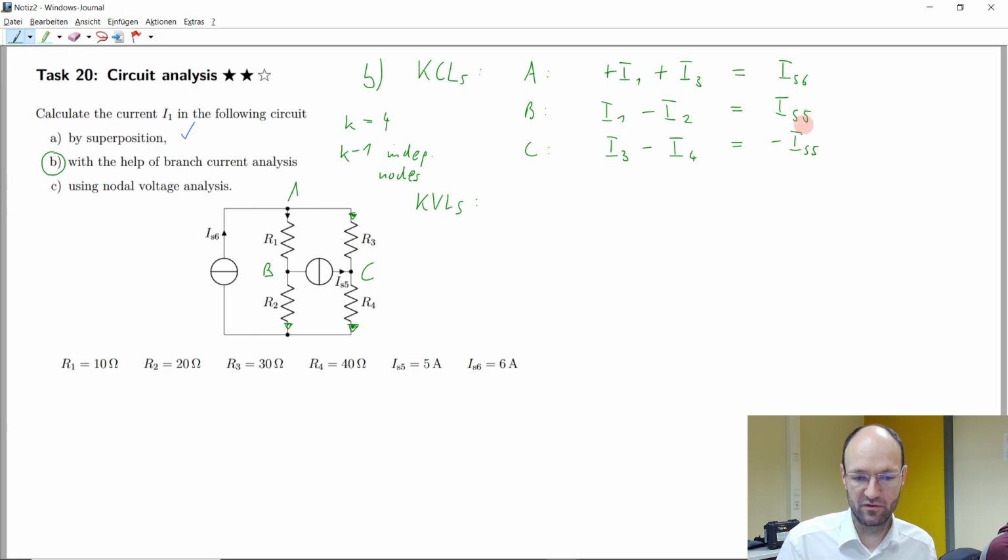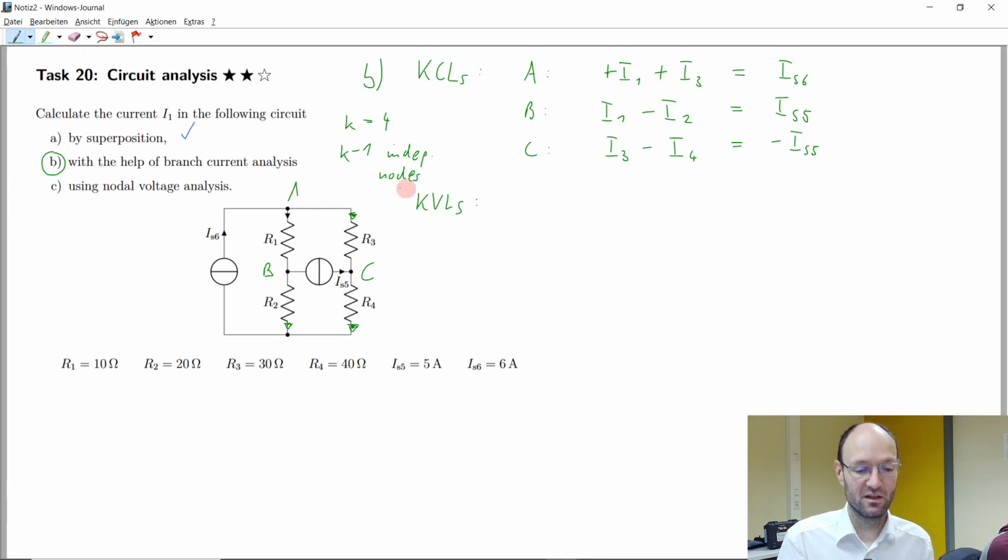So this is also a 5 here. Okay, and so then we have three equations, and if we would once again calculate the sum of these, then we would end up with the Kirchhoff's current law equation for the last node, because this is a dependent one.